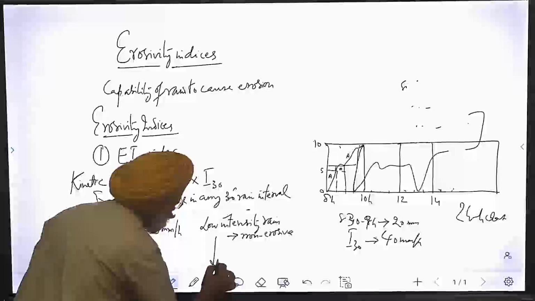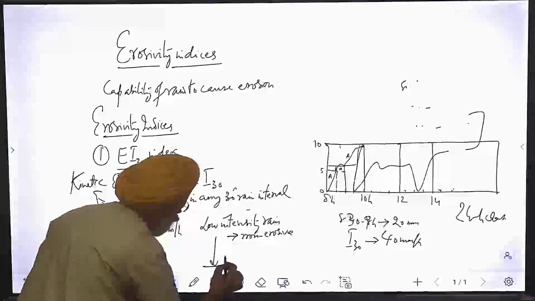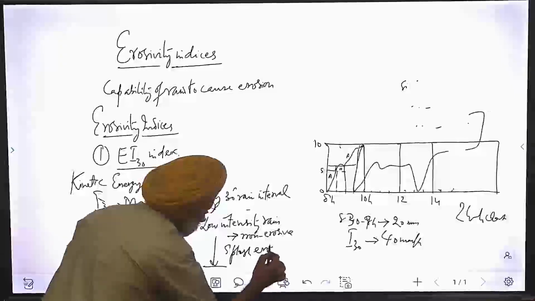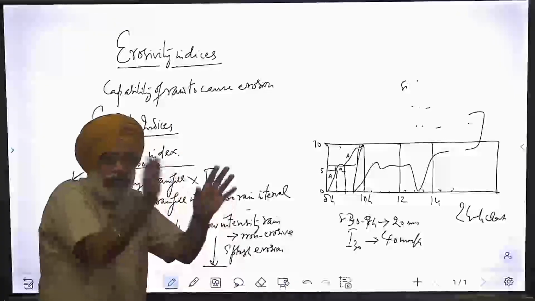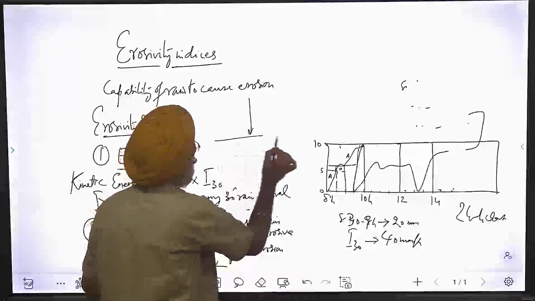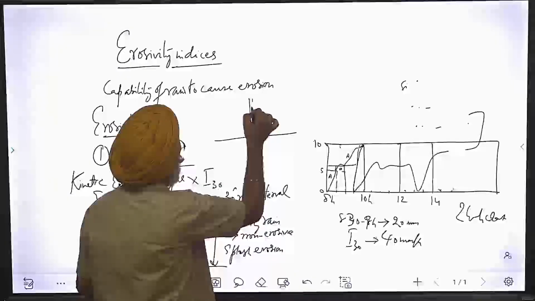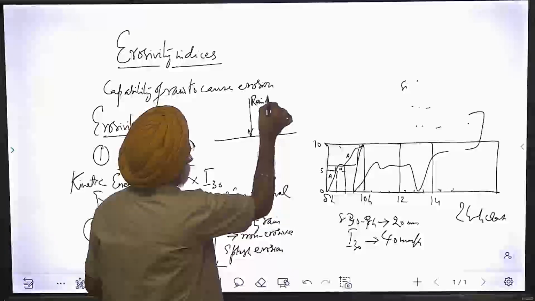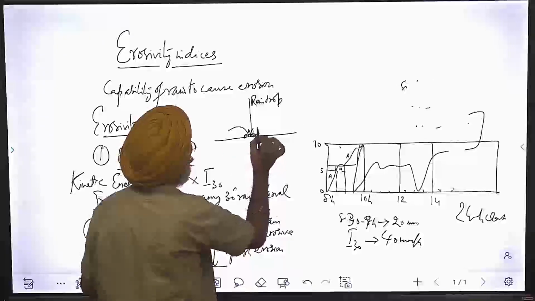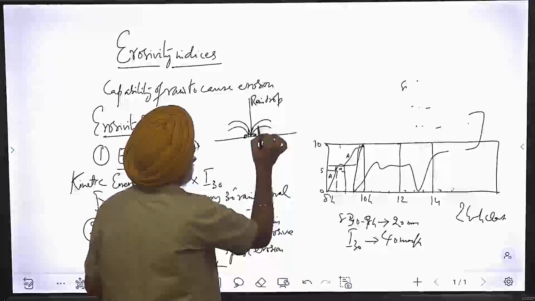And if some splash, when rain falls on the soil, some splash erosion could be there. Particles may get splashed in different directions because you know how splash erosion occurs. When this raindrop strikes the soil, it breaks down the aggregates, then particles splash in different directions.